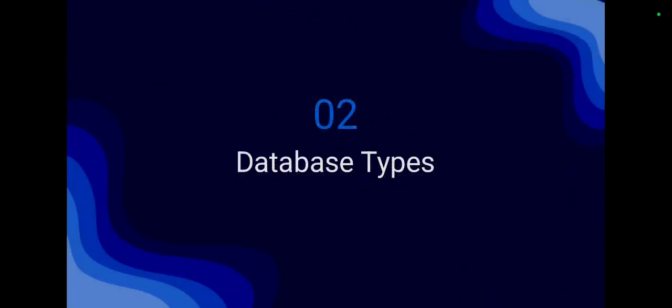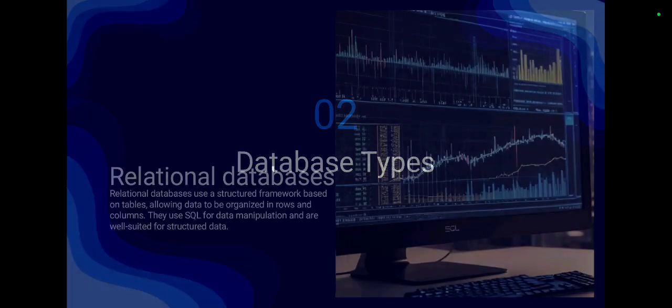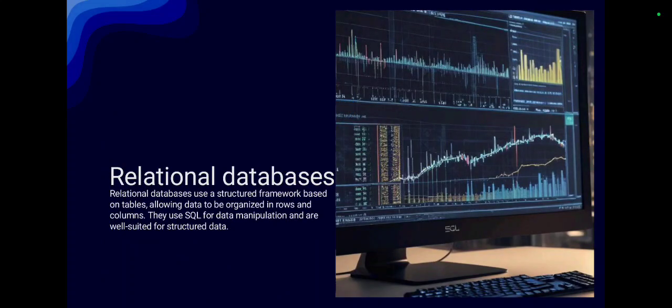And there are many types of databases. Different applications require different types of databases. So let's look at the main types. The first type is the relational database. These are the most common databases, which store data in structured tables with rows and columns. A table always contains rows and columns.